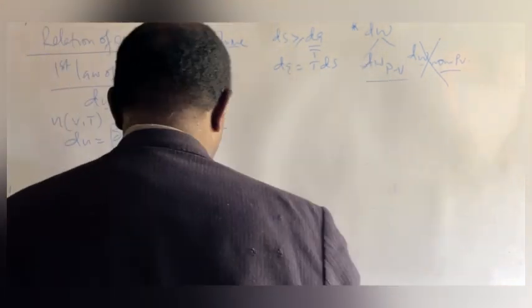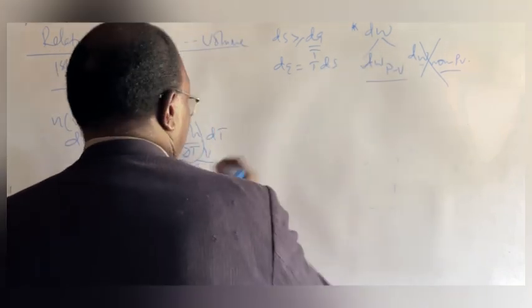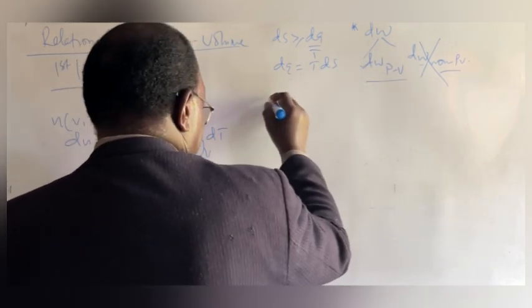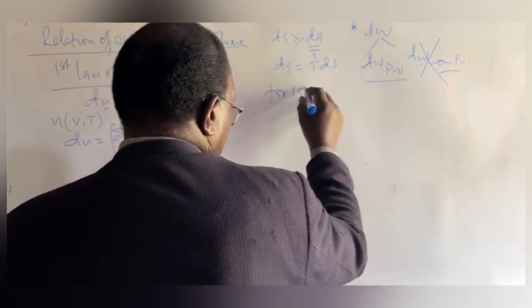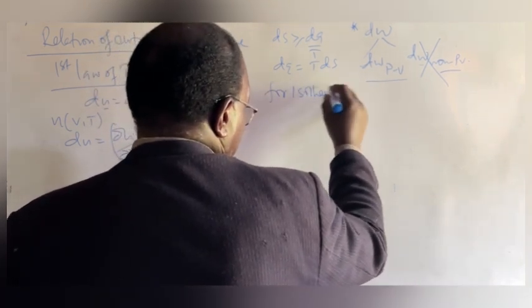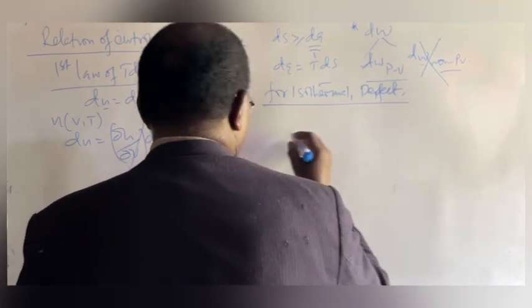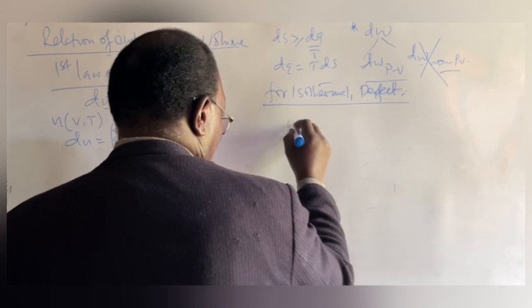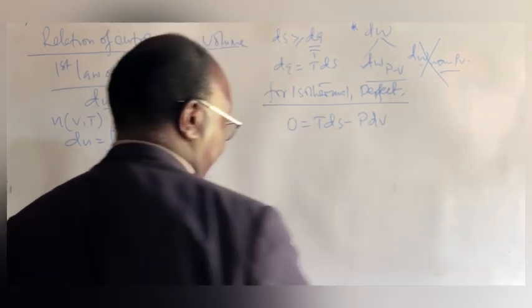So now, we know that dW is minus P dV. So if we substitute all these quantities, then we have that for an isothermal process and perfect gas system, dQ, that is 0, is equal to T dS minus P dV.